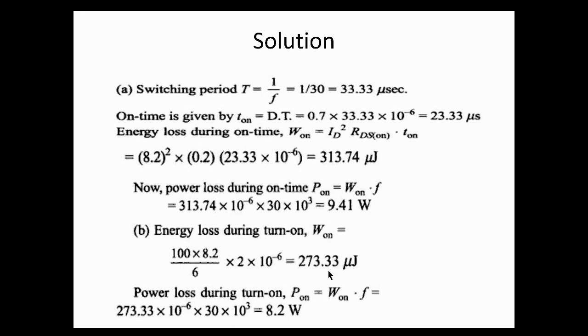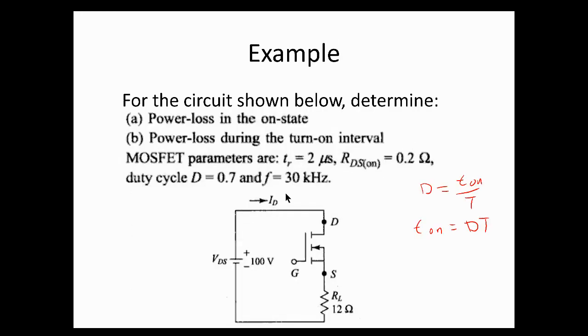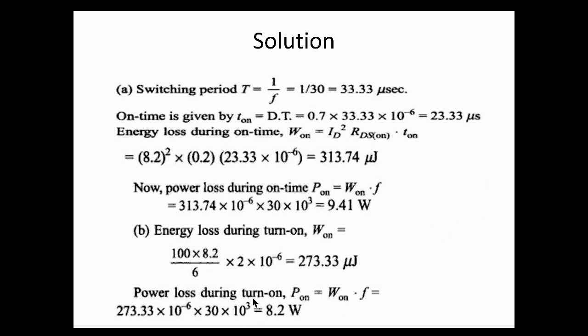Again, to get the power, we know the rate at which this switch is operating, the switching frequency. You just need to multiply by that, and here it is 30 kilohertz. You make that substitution, and it is 8.2 watts. Very simple. These problems are not difficult. You just need to understand them and apply the formula.